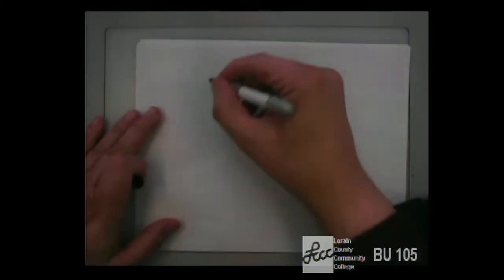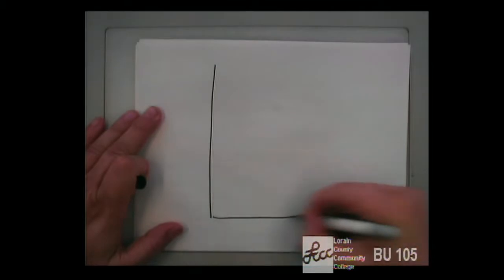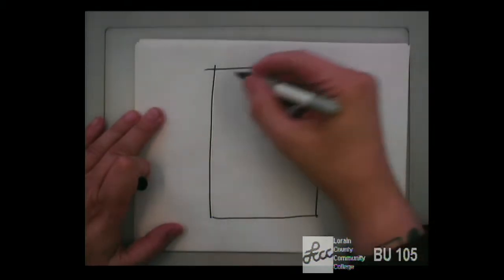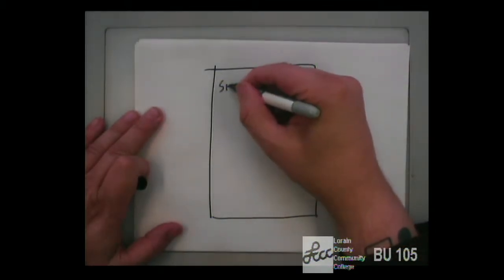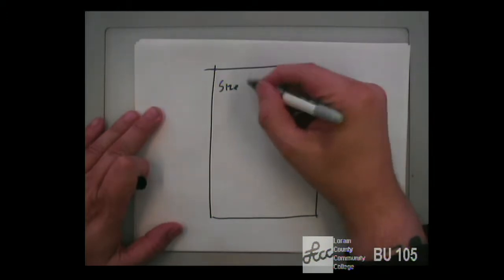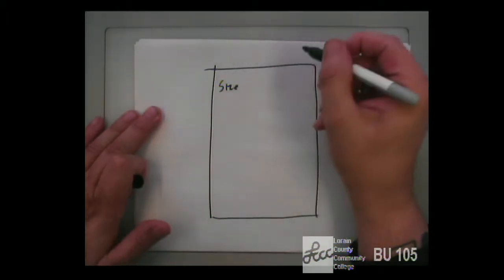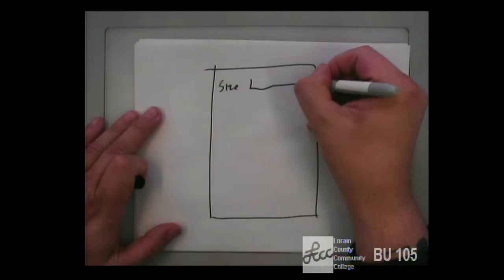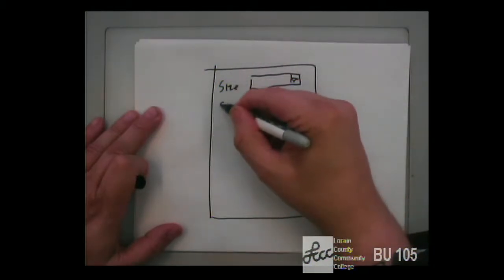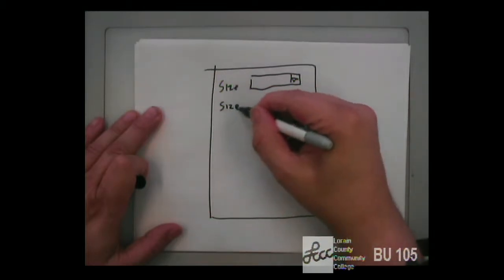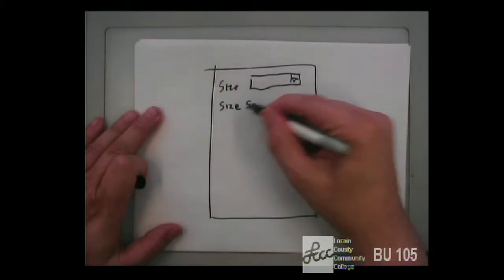In the case of the pizza, you're going to have a UI that contains size. And it should be one of two things. It should be either a drop down or radio buttons.